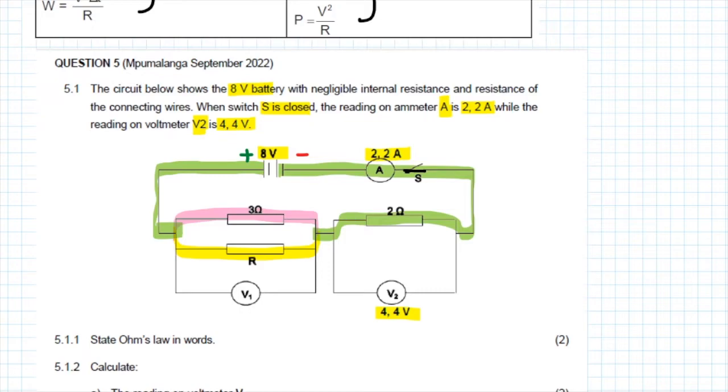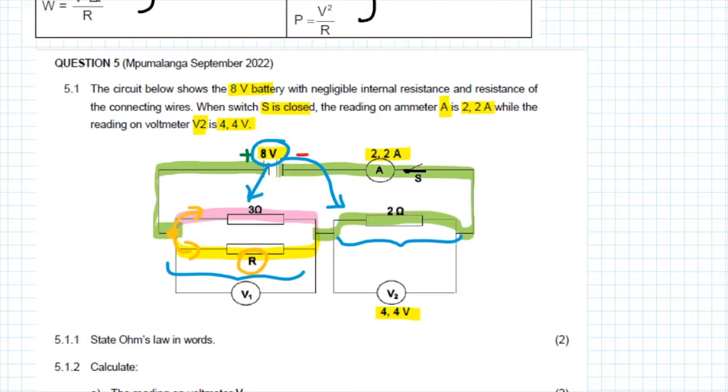But the 3 ohm resistor is connected in parallel to resistor R. And therefore the current divides when it gets to this junction over here as it splits between the 3 ohm resistor and resistor R. We can say that these 2 resistors are connected as a whole in series with this resistor, and therefore we know that the 8 volt is going to be divided between the parallel connection and the 2 ohm resistor because potential difference is divided in series.